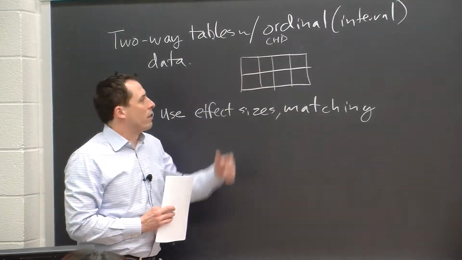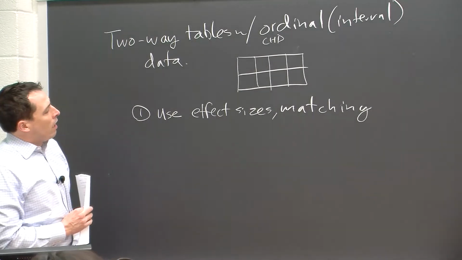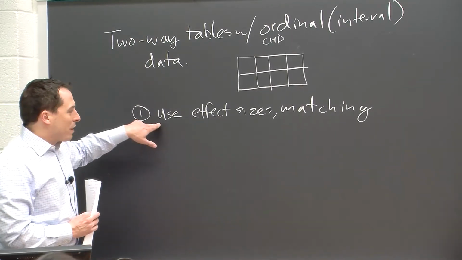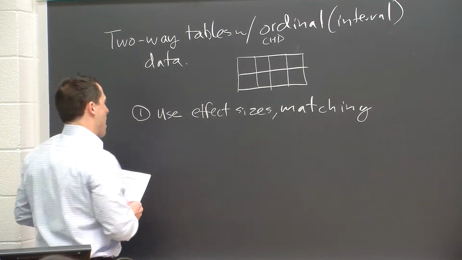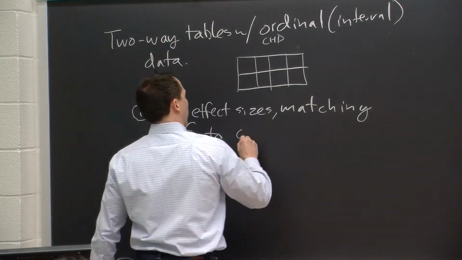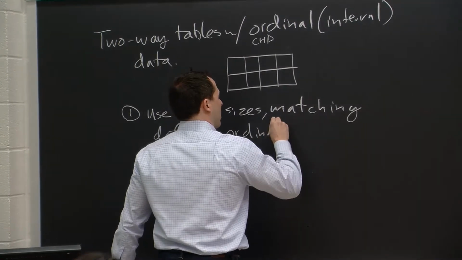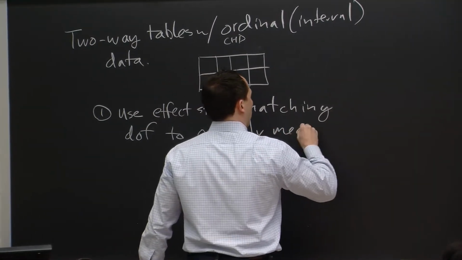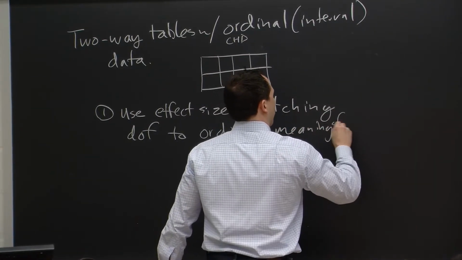There's only, in this case, 3 degrees of freedom. And so one strategy, the one we saw last time, is to use the effect size and match our degrees of freedom to ordinally meaningful comparisons.